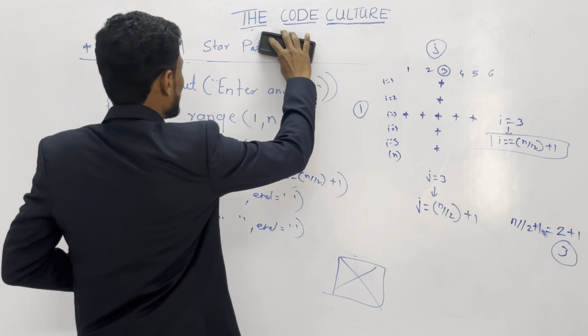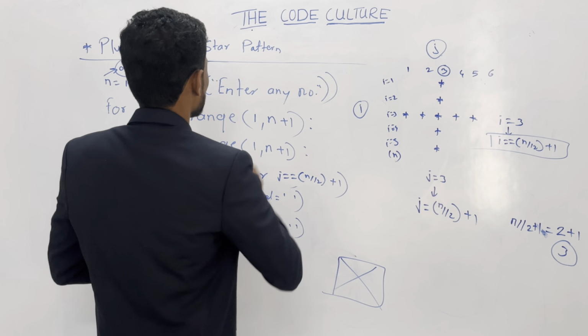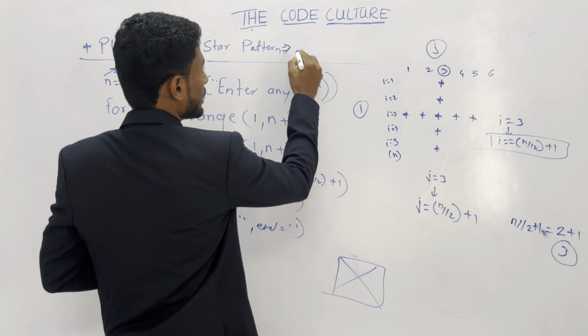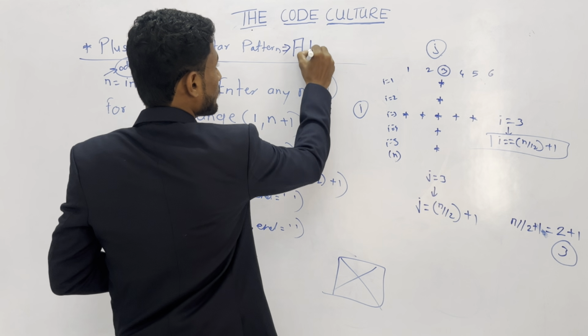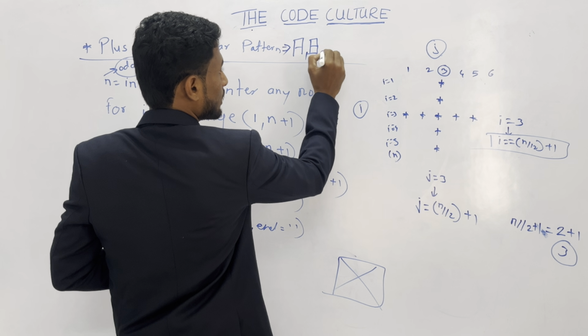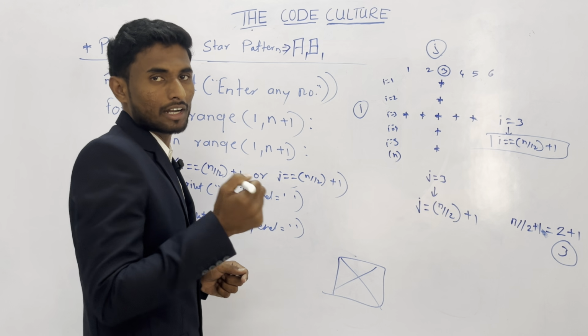After that, by using this plus symbol star pattern, first we can print A, after that we can print B. C is already printed, D is already printed.